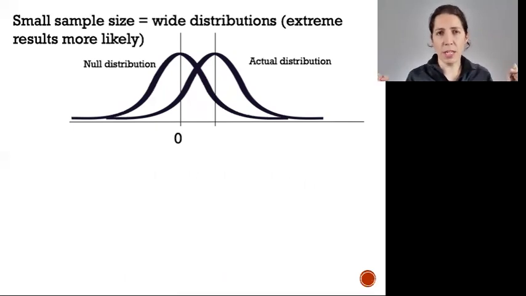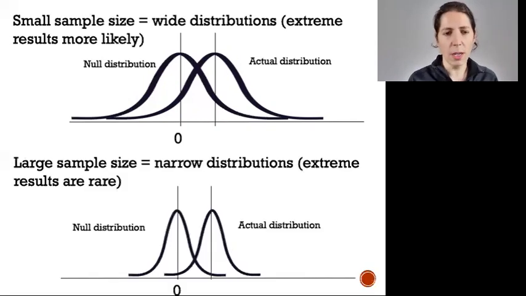However, if we increase our sample size and we shrink the width of each of these distributions, now when we draw from our actual distribution, we're going to get results that are much further away from the null distribution much more reliably, even though the averages of those two distributions haven't changed. The true effect in the actual distribution is still the same as in the top example, but now that distribution has shrunk in width, and so we're going to reliably get more results closer to the actual effect size in the actual distribution and further away from the null distribution.